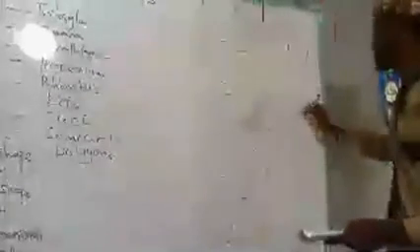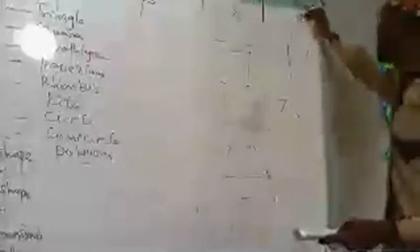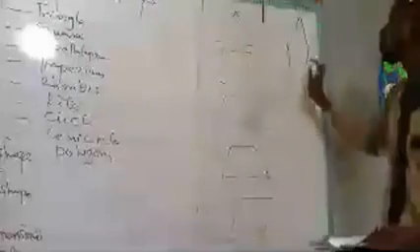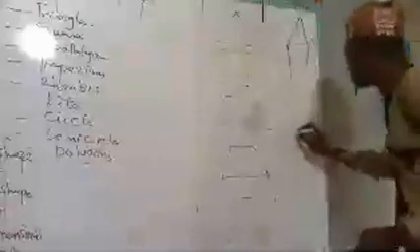We have kite too. This is a kite. A kite, you see this side and this side will be the same thing. This side and this side will be the same thing. So this is a kite for you. We also have circle. We have semicircle.